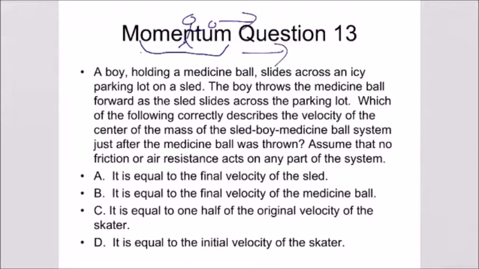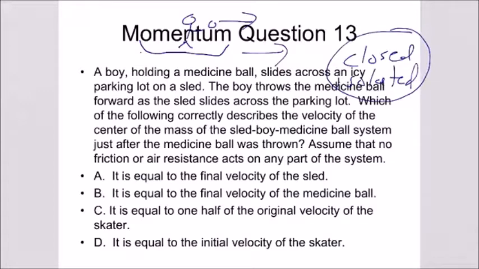Which of the following correctly describes the velocity of the center of mass of the sled-boy-medicine ball system just as the medicine ball was thrown? Assume that no friction or air resistance acts on any part of the system. So this is a closed or isolated system. And we talked on our intro to momentum screencast that in closed or isolated systems, momentum is conserved.